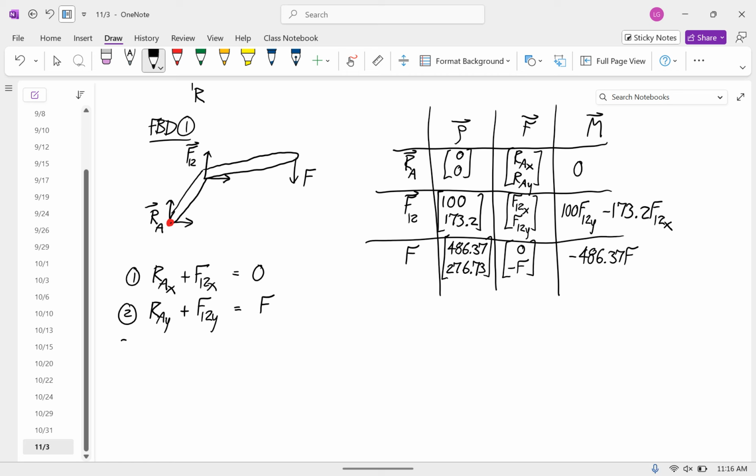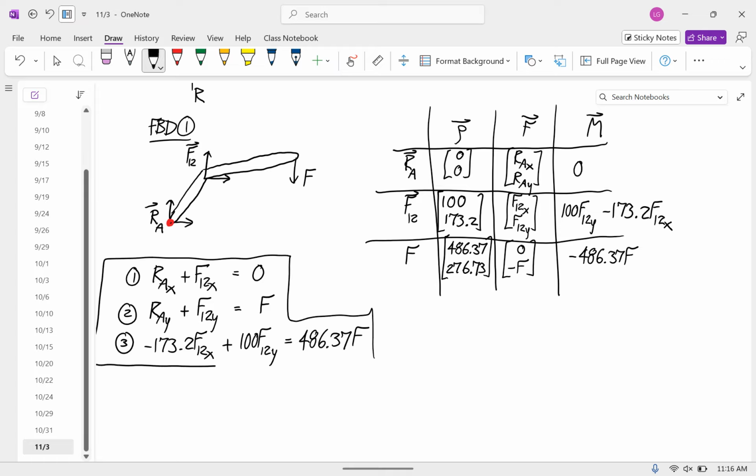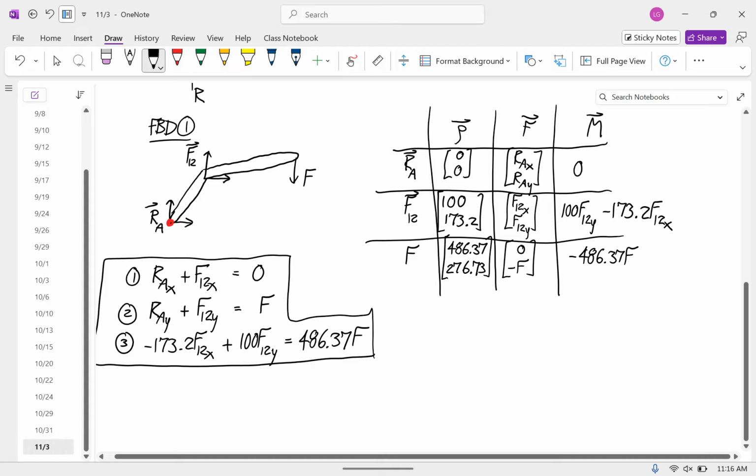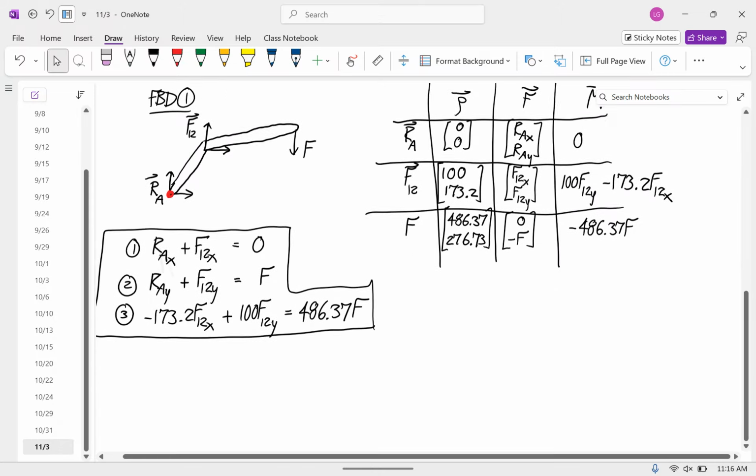And then the third equation says negative 173.2 F12x plus 100 F12y is equal to 486.37 F. Too many variables to solve anything yet.